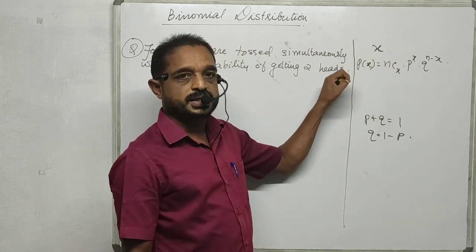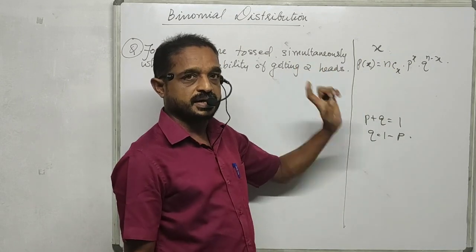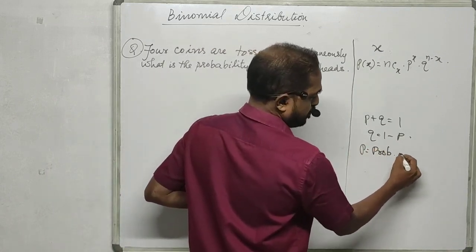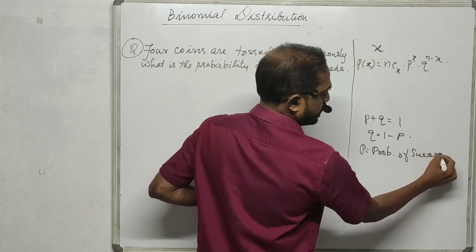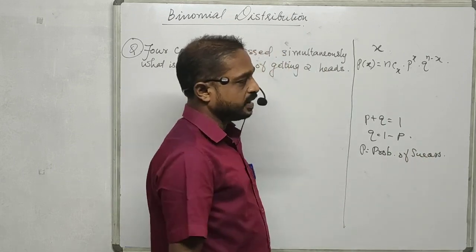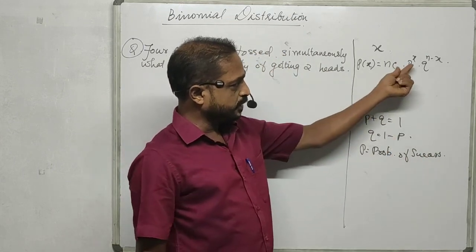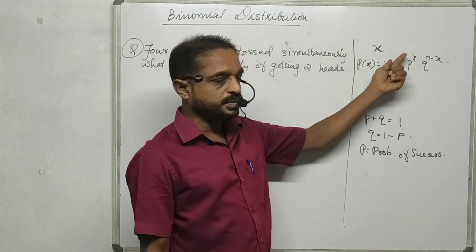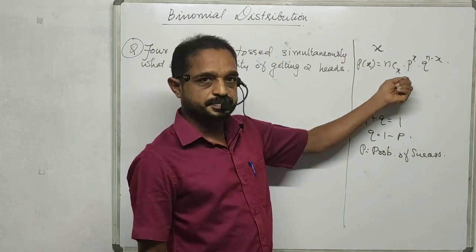P is the probability of success in a single trial. So if P is the probability of success, Q will be the probability of failure.